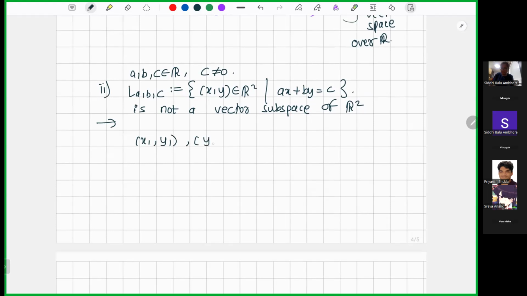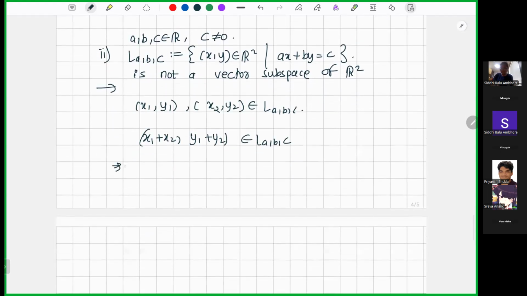Let me take this. Suppose these 2 points belong to my LABC, and when I add those and check for this, then this ax1 plus by1 plus ax2 plus by2, if I simplify, will be 2c, because this is c and this is c.